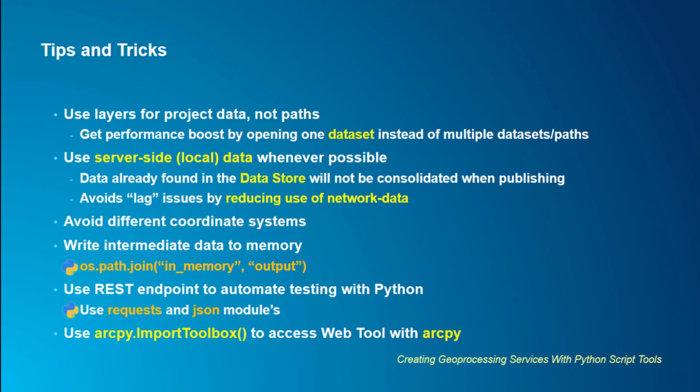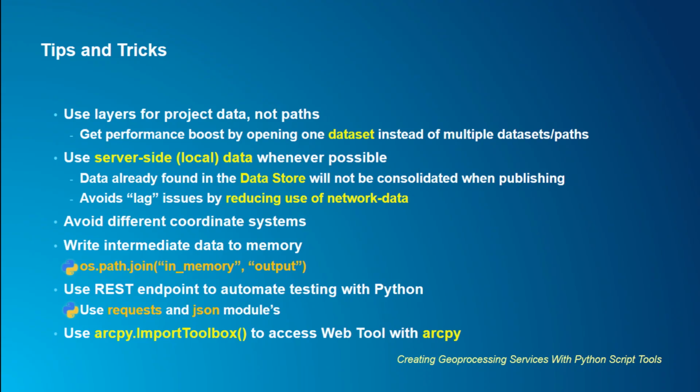Just as a performance boost type thing, when Python executes these tools from the server or from Portal, the less data sets it has to open, the faster it's going to work. And if it opens one data set to grab multiple files, multiple layers, that's going to be a lot quicker than opening 5 or 6 or 100 or something like that.